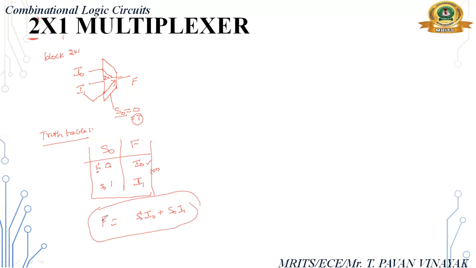Minimized Boolean expression. Now draw the circuit for it. So I naught is input, S naught also input, I1 also input. So this is one AND gate, this is one AND gate. So draw the circuit. Two AND gates we required. First AND gate, second AND gate. Here plus operation is there. So one OR gate.